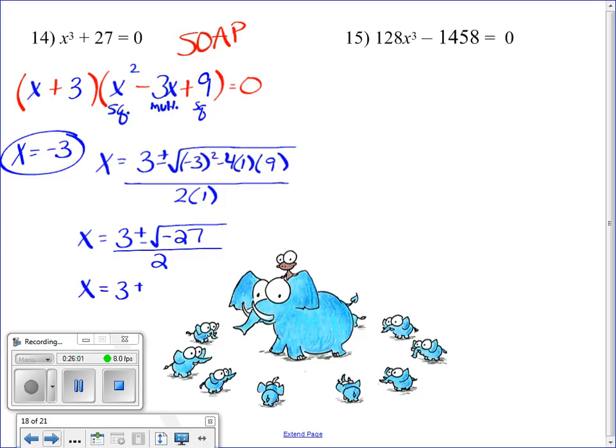So 3 plus or minus 3i radical 3 all over 2. Simplify any further, all three numbers? Nope, I'm done.